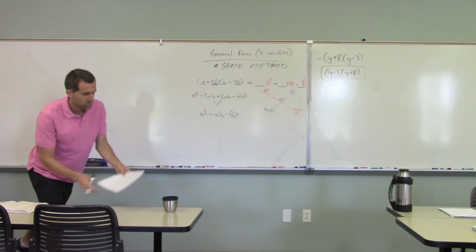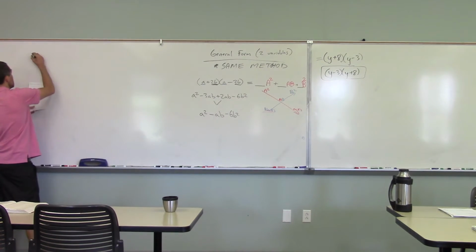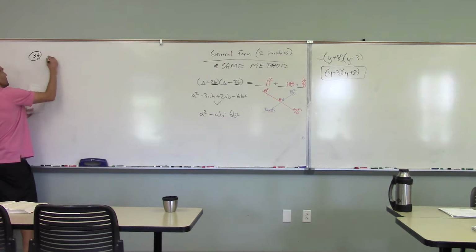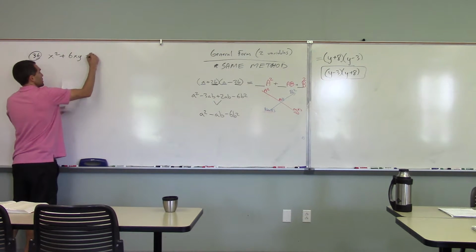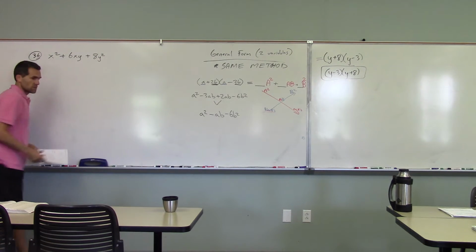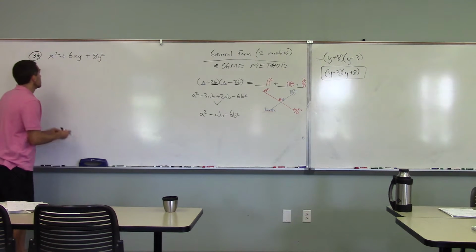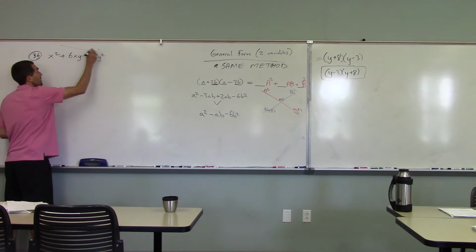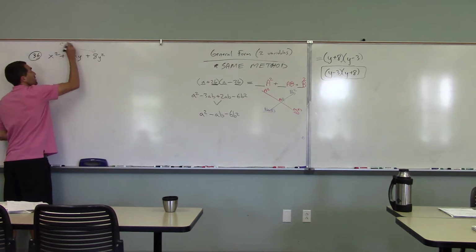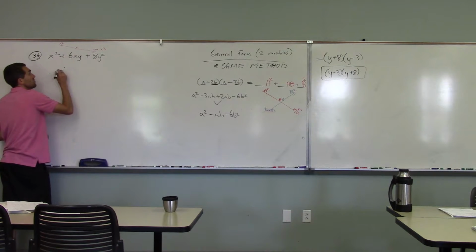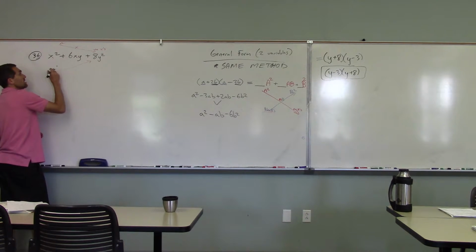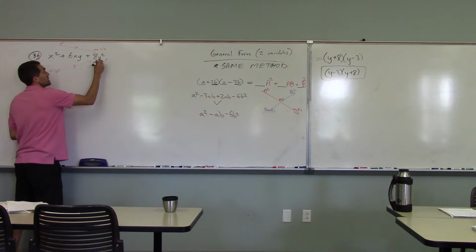So here's an example. Number 36 is x squared plus 6xy plus 8y squared. What I see here is my x squareds going down: x squared, x, no x's. And I see my y's going up: no y's, y, y squared.